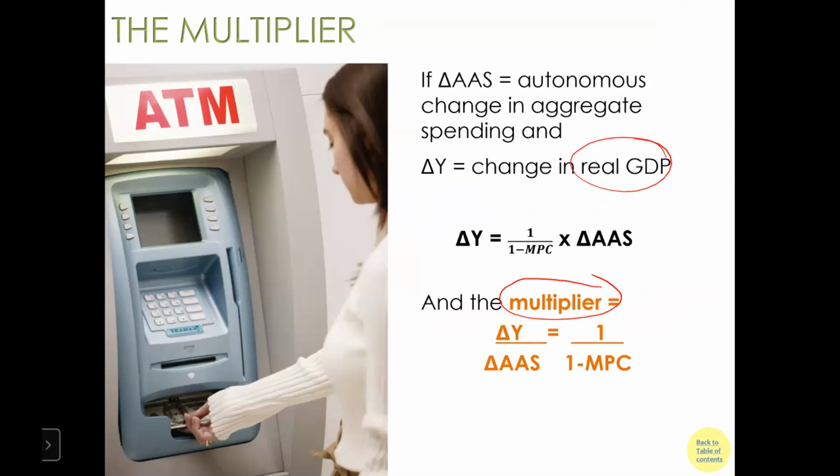The multiplier measures, if there's a $1 increase in spending, how much will our aggregate expenditure increase. So this 1/(1 minus MPC) directly follows what we discussed in previous slides. So this is the multiplier.